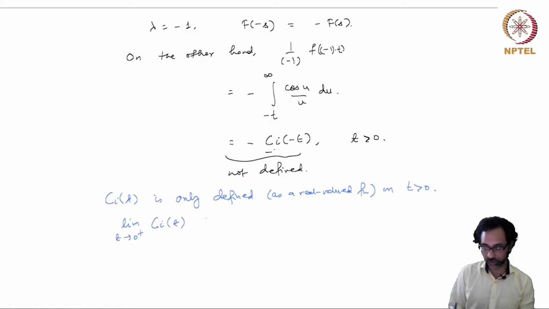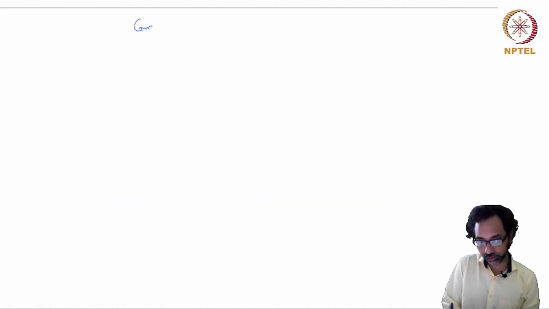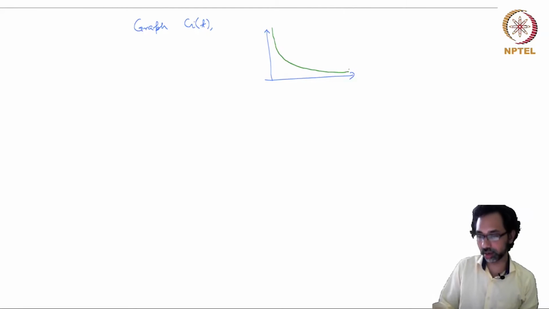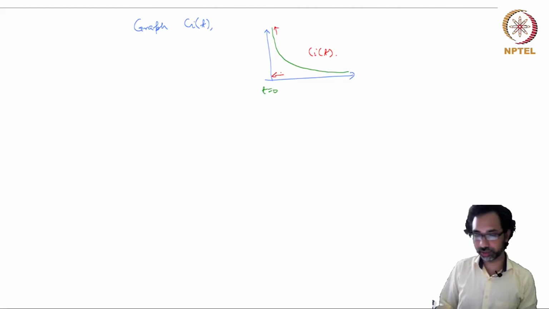So the graph of Ci(t) looks something like this. It has a vertical asymptote near t equal to 0. So this is our Ci(t). It goes to plus infinity when you approach 0 from the right hand side.